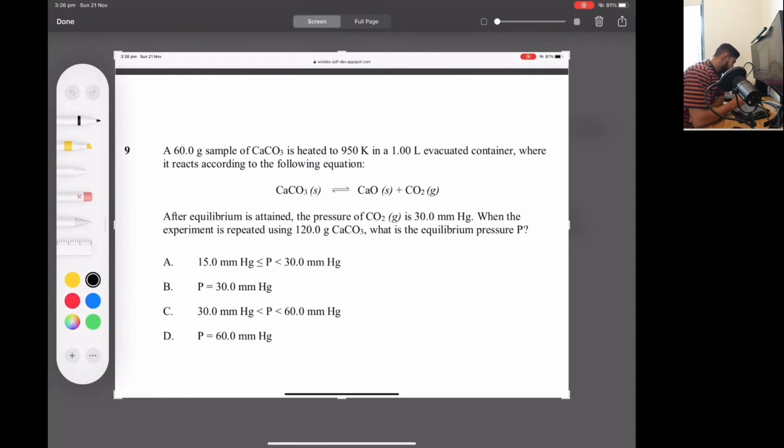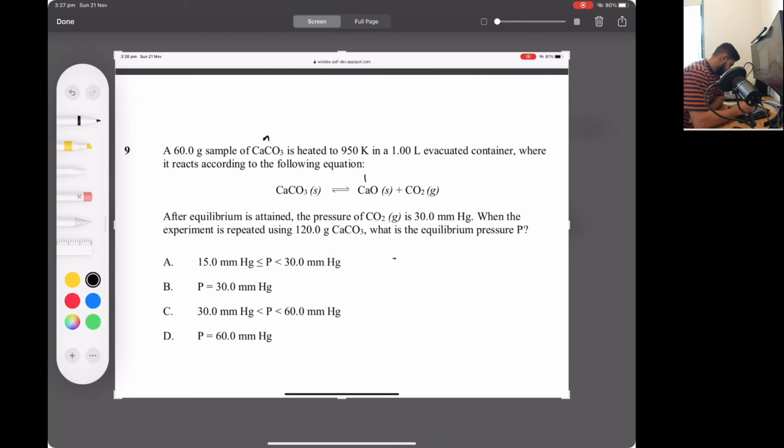Okay. I put D because first we know that it's 60 grams of calcium carbonate in 1 liter. So we know that it's a 1 liter evacuated container. So that means the number of moles of calcium carbonate... Based off the stoichiometry, we can see that the same number of moles of carbon dioxide is produced from calcium carbonate, or I mean, not the same, but the same amount for calcium oxide and carbon dioxide.